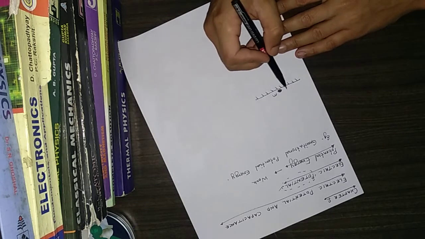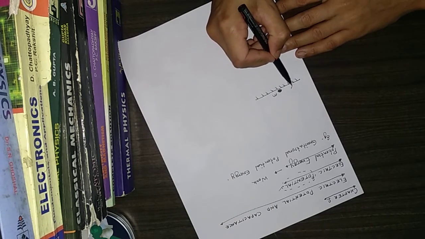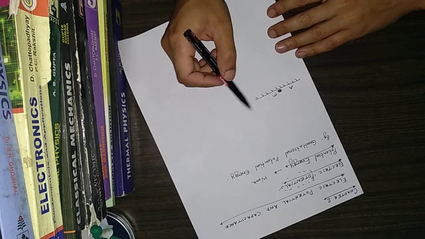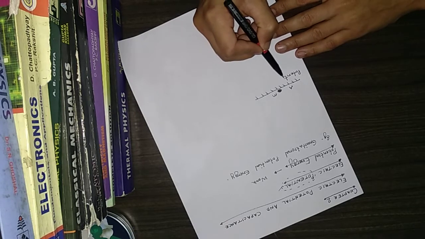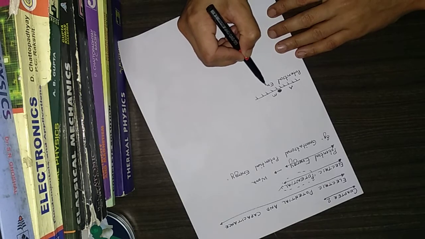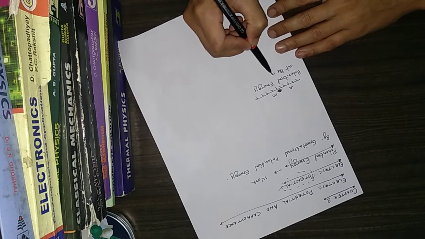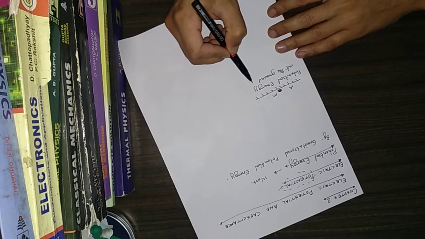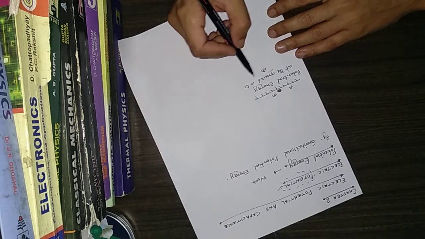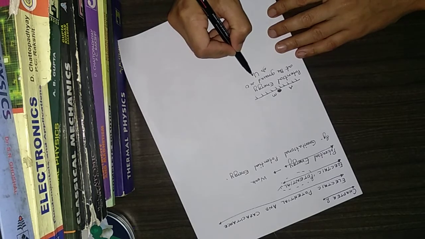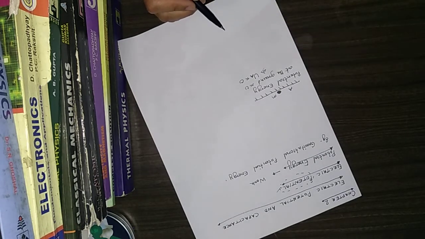Suppose this ground is at point A, and let us assume potential energy at the ground to be zero. Let us denote the potential energy at the ground by UA. So UA means potential energy at the ground, and let us assume it is zero.